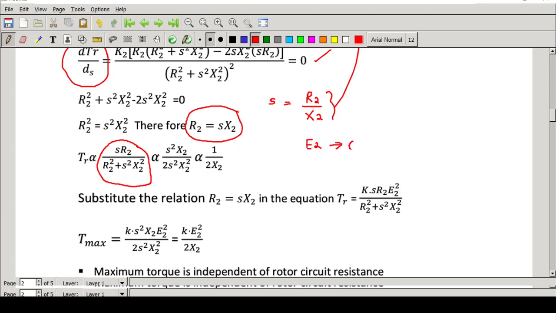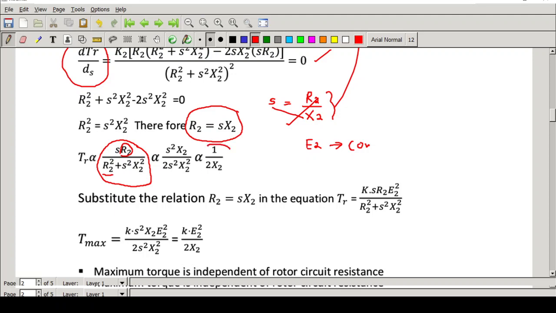Instead of R2, I will substitute S into x2. So I get the numerator as S squared into x2, and in the denominator also, instead of R2, I substitute S into x2.